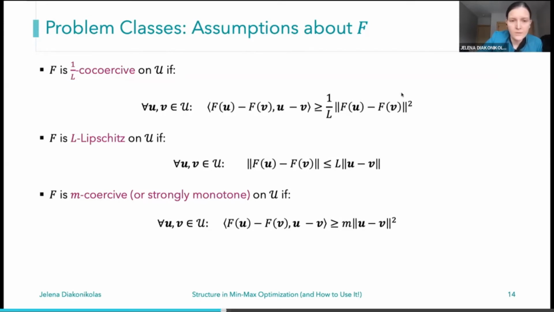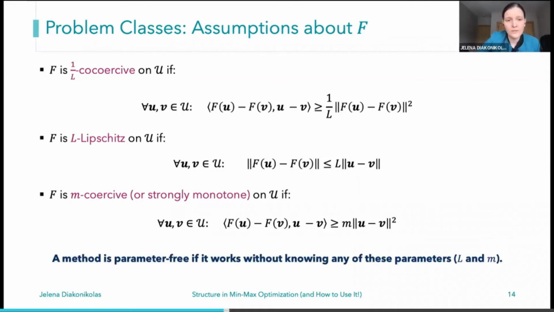Compared to cocoercive, note that here it's F of U minus F of V, here it's U minus V. Seems like a minor difference, but this is generally a stronger assumption. And I'm not interested in any type of method here. I would like to have a method that can work without the knowledge of these parameters. Those methods are known as parameter-free.